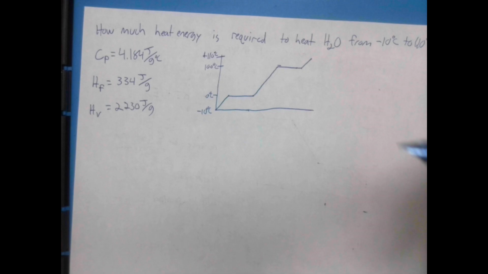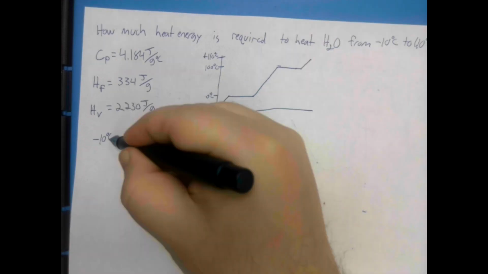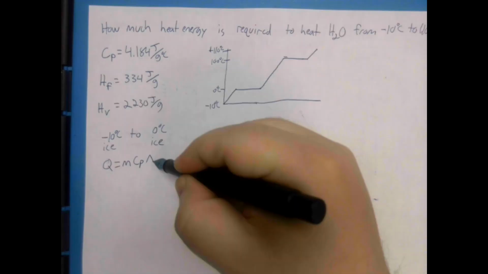So when the temperature is changing, when we're going from negative 10 degrees Celsius ice to 0 degrees Celsius ice, we're going to use this equation: Q is equal to mass times Cp times change in temperature.